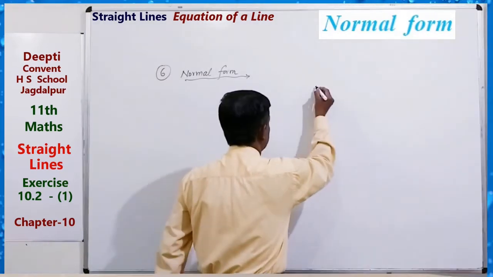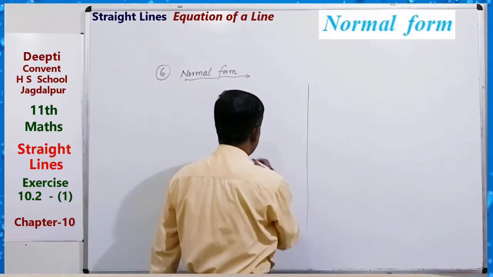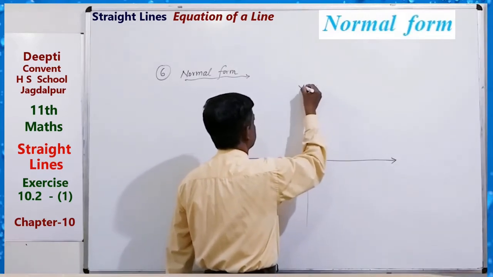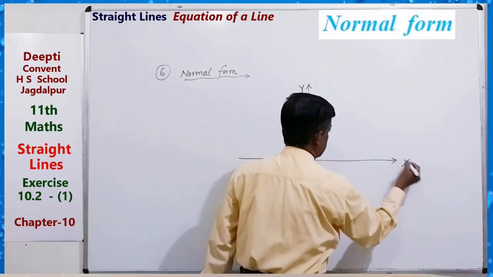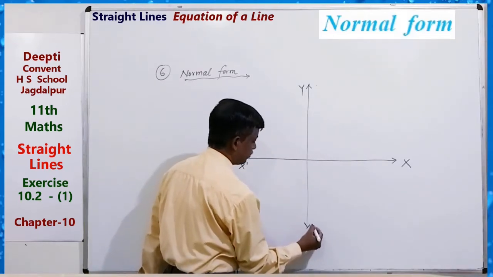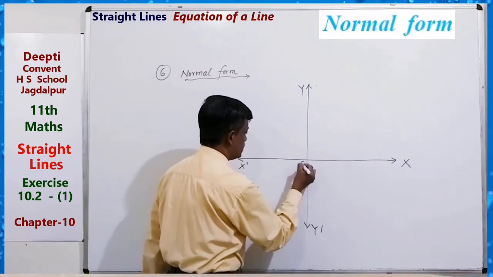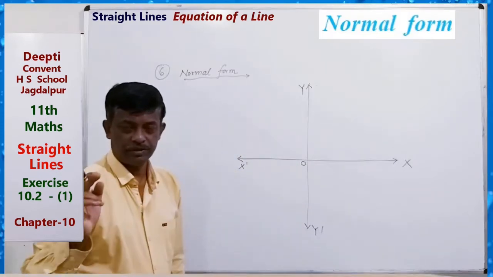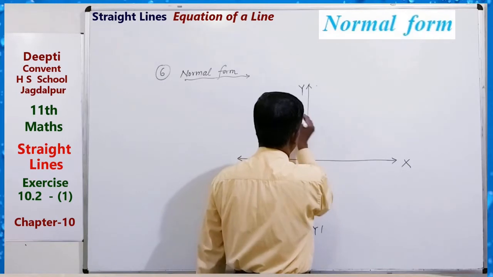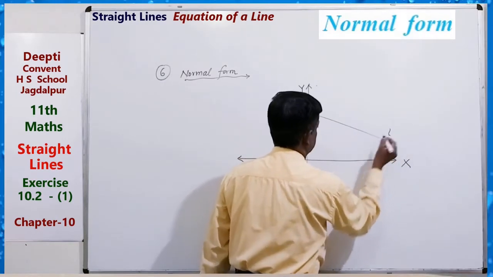Suppose this is y-axis, this is x-axis, origin. Now, if we are having this line, this is the line.